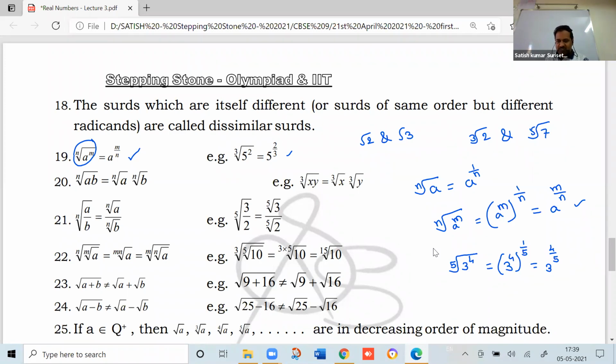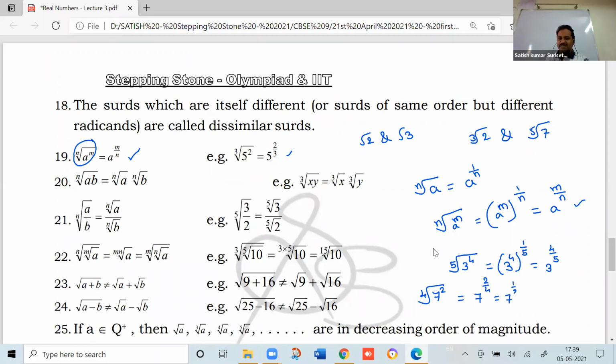Tell me one more example. Fourth root of 7 square. 7 to the power of 2 by 4, which is the same as 7 to the power of 1 by 2 when I simplify.